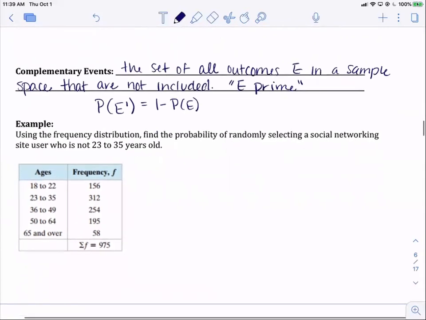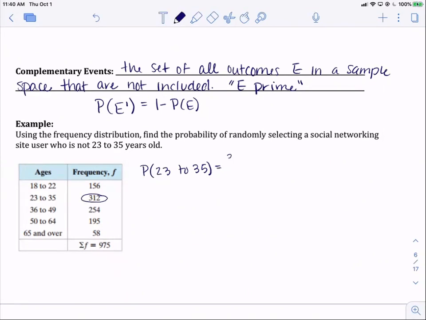So this example real quick. I'm gonna keep you guys on for this last example. Using the frequency distribution, which means we're finding empirical probability, find the probability of randomly selecting a social networking site user who's not 25 to 35 years old. The easiest way to do this is to find the probability of it actually happening. So 23 to 35. Looking at our table, we know there's 312 that actually are 23 to 35.